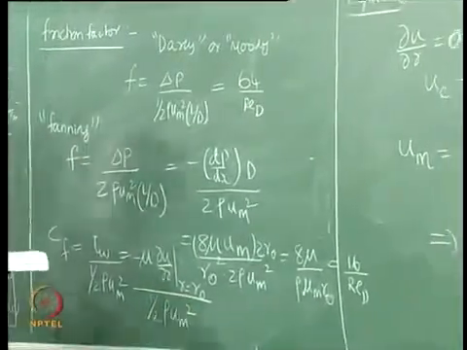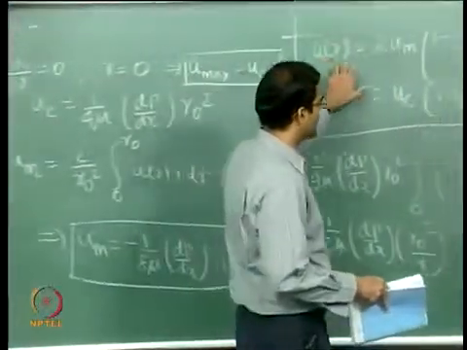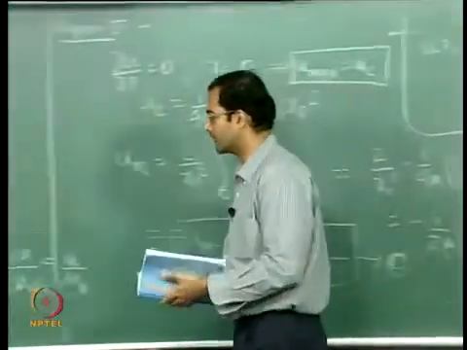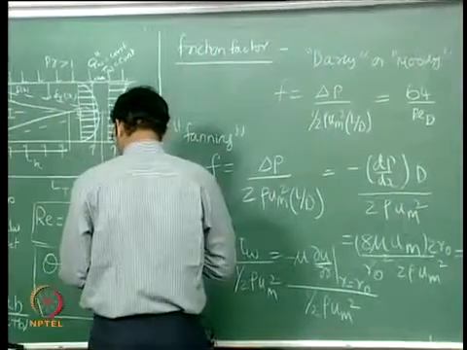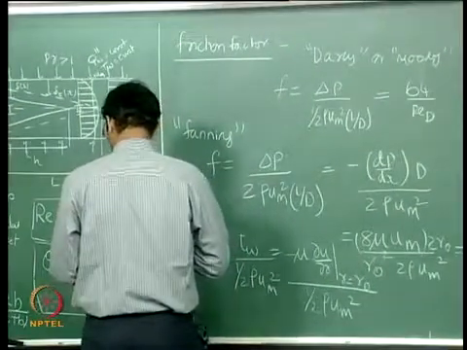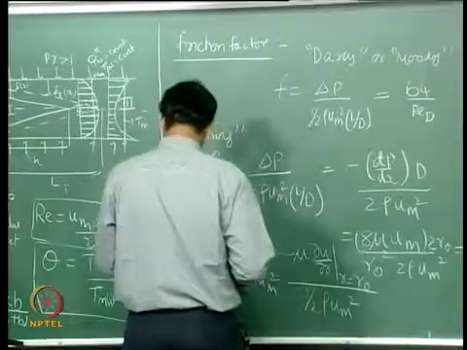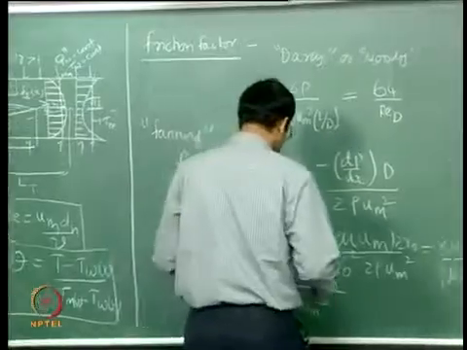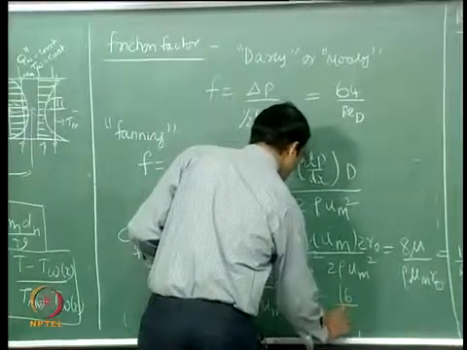You have the velocity profile, so you can calculate the derivative with respect to r at r equal to r naught and substitute it. So you will get an expression for Cf which also comes out to be exactly identical to 16 by Re_D.